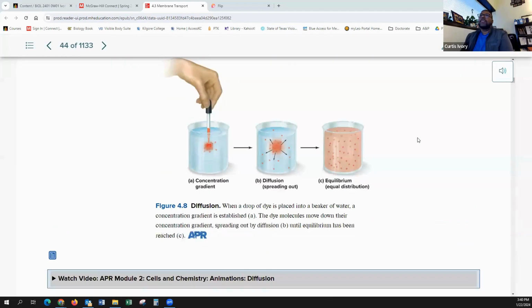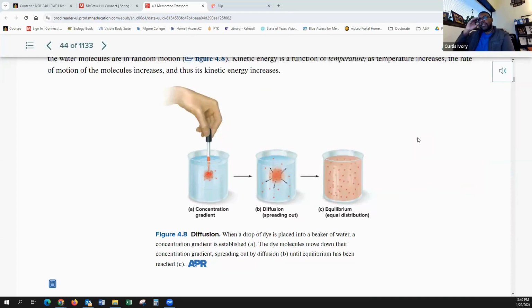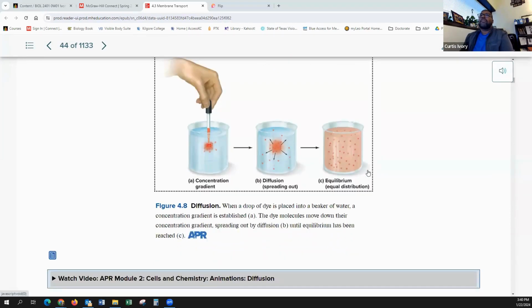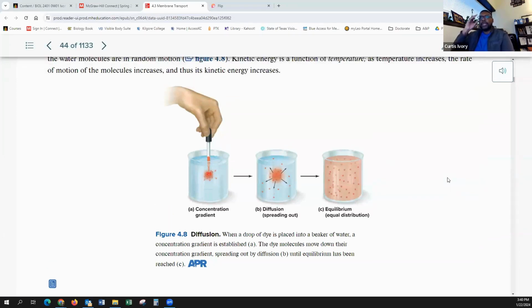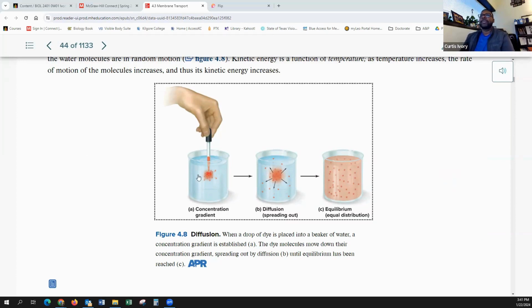All right, so let's give you some examples of diffusion. With diffusion, or actually osmosis, but osmosis is just the diffusion of water. If we were to drop in some food coloring, we'd see it spread out, and that spreading would be diffusion.